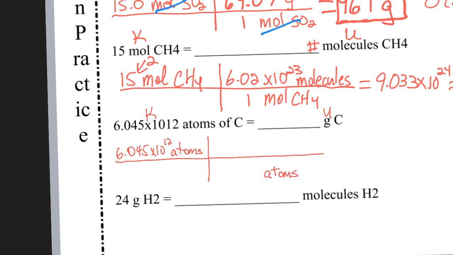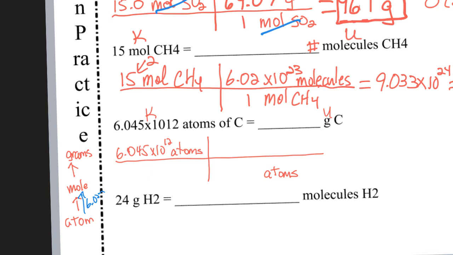If you remember your mole map, the mole map had atoms, and then mole, and then grams. To go from atoms to moles, I have to use 6.02 times 10 to the 23rd. So that's the first step.